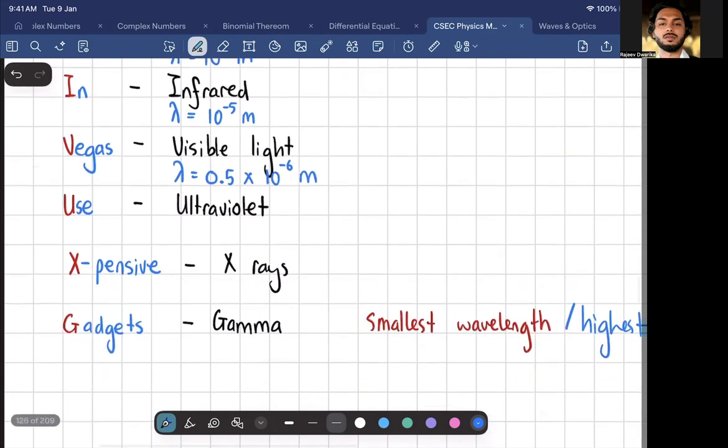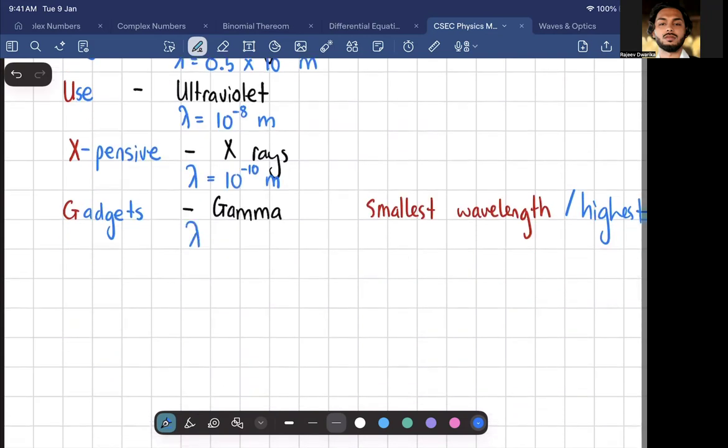For ultraviolet, it's going to have a wavelength of 10 to the power minus 8 meters. For X-rays, 10 to the power minus 10 meters. And for gamma rays, it could be 10 to the power minus 12 meters.